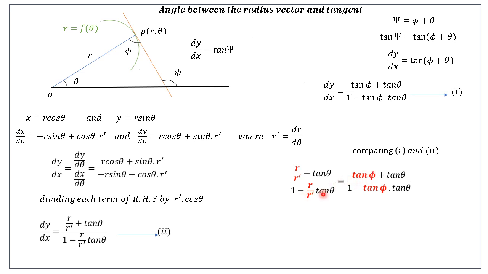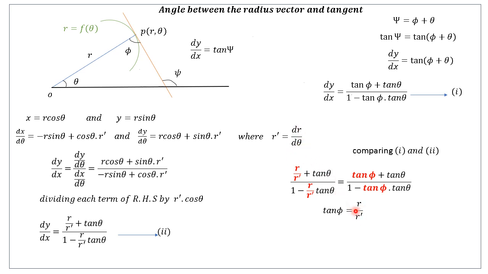In place of tan theta on the left-hand side, here also tan theta, and 1 is there. In place of tan phi, r by r dash is there, and r dash means dr by d theta.